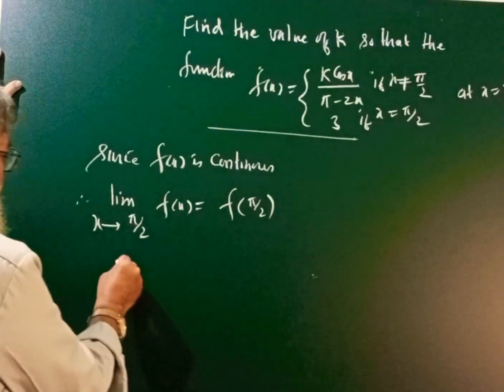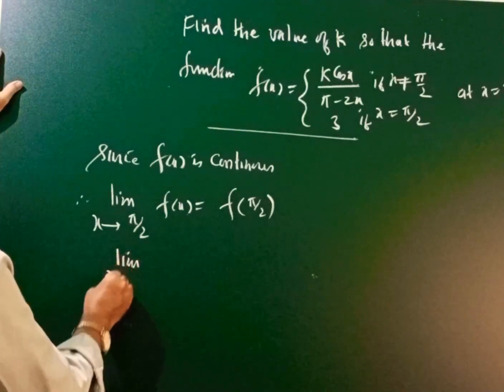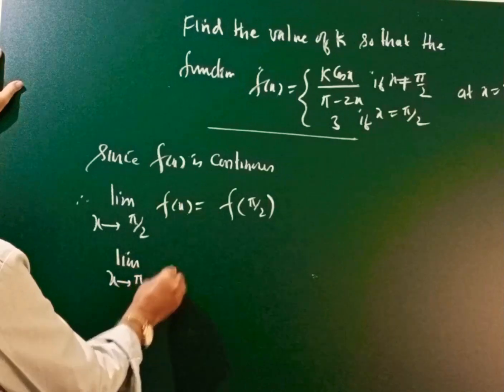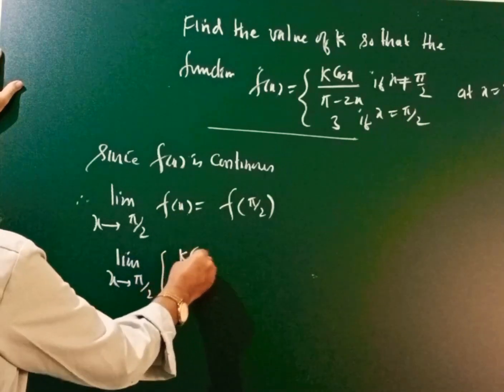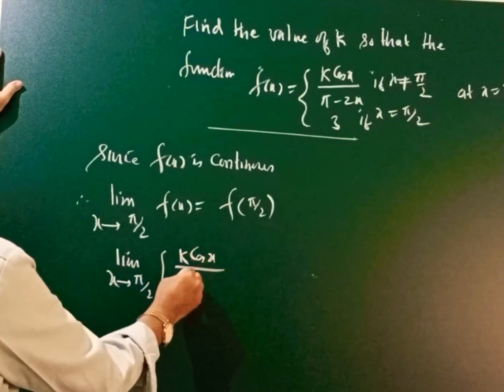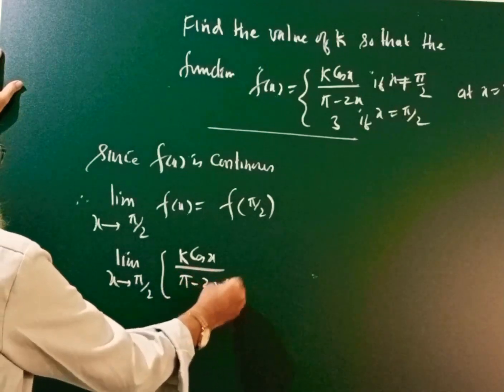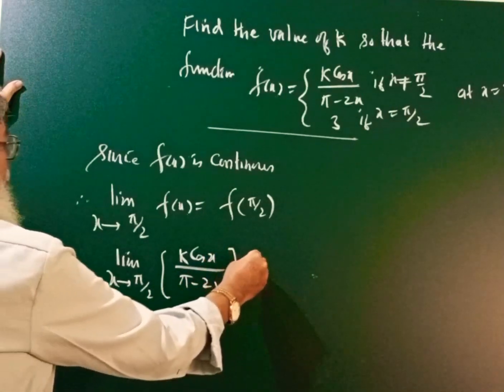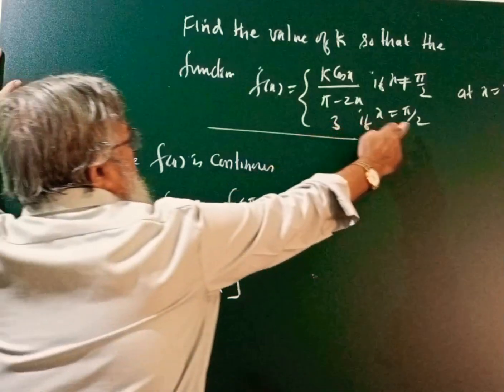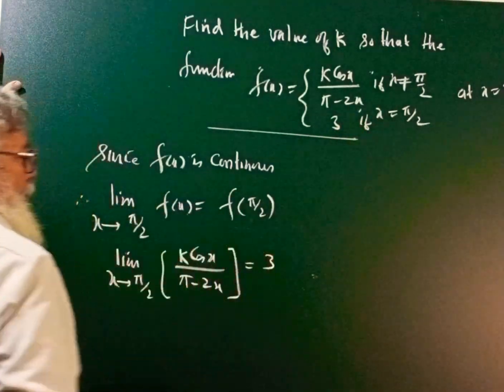Now limit x tends to pi by 2, see here, k into cos x divided by (pi minus 2x) is equal to f of pi by 2, which is given to be 3.